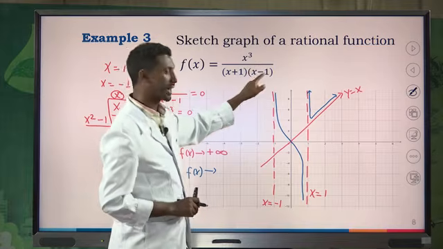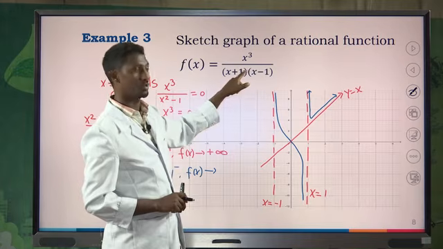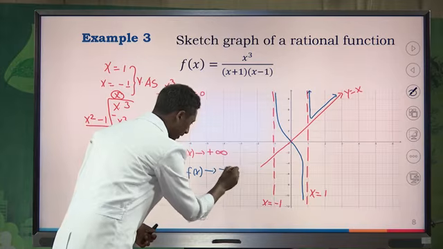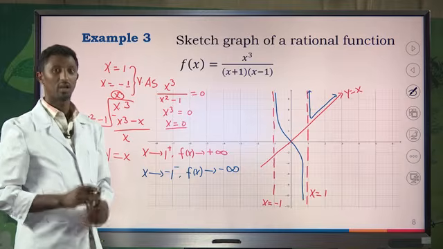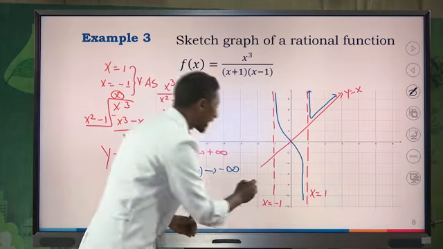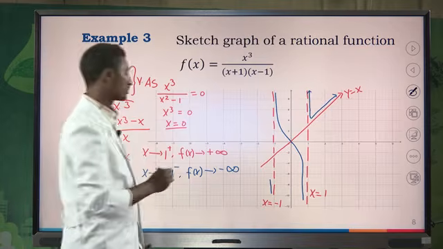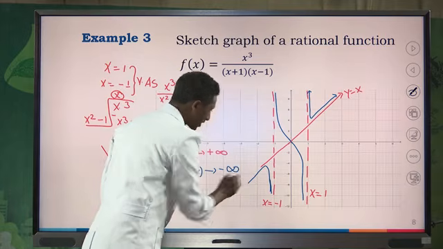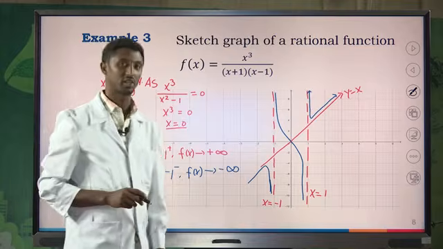Negative 1.1 minus 1 is negative. Both of these are negative, so the denominator will be positive. So negative over positive is negative. That implies f of x will approach minus infinity. Graphically, the graph will fall down as we get closer to minus 1 from the left. So we'll move like this and it will bend through the oblique asymptote. So this is the graph of this rational function.